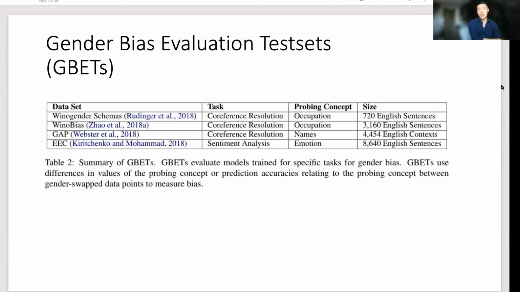But I'll have more examples on the next slide. And for names as well, you can probe it with names, or you can probe it with emotion, because there are some emotions that are stereotypically associated with one gender or the other. Okay.